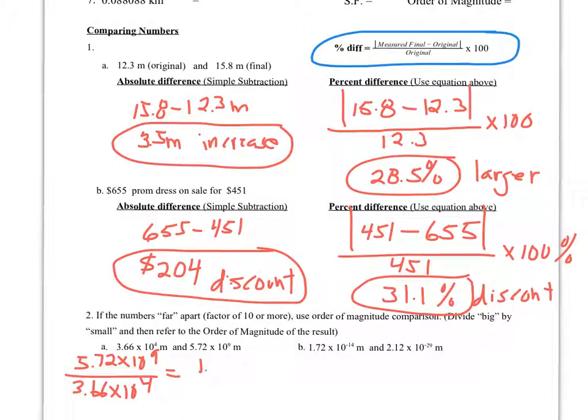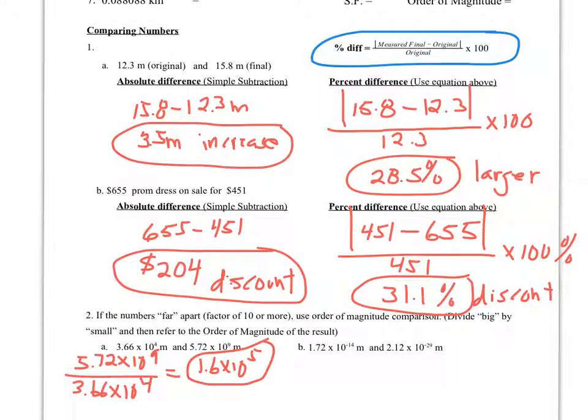So the big number is 1.6 times 10 to the 5th times greater. Or if you wanted to say it a different way, you could say it has a magnitude of 10 to the 5th times bigger. You can include the 1.6 times 10 to the 5th. But the main thing is it's over 100,000 times bigger than the small number. It's very big compared to the small number.